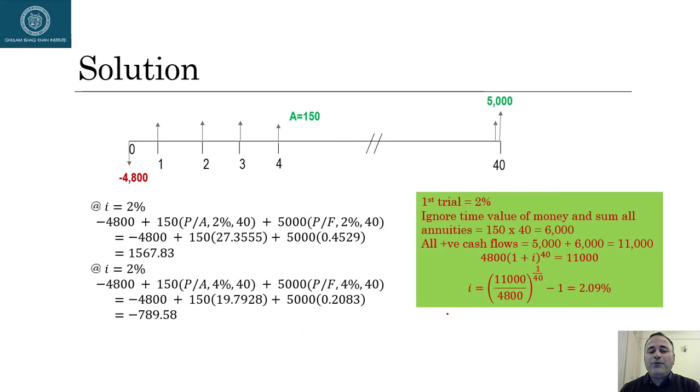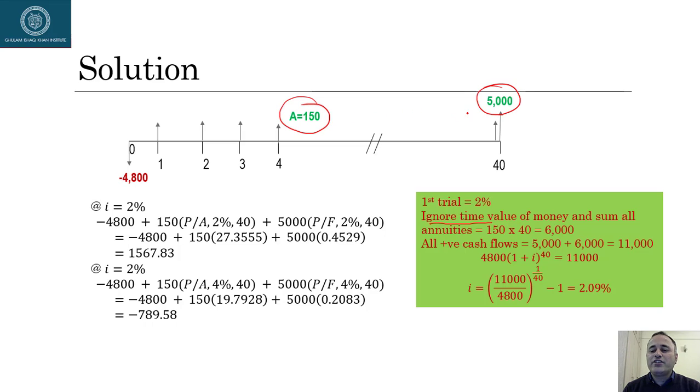If you do not have access to a computer, of course you have to do it through the trial and error method, interpolation. In the trial and error method, you start with the first trial. And how do you choose your first trial? Let's ignore the time value of money, and let's see how much these $150 and this another positive cash flow are.